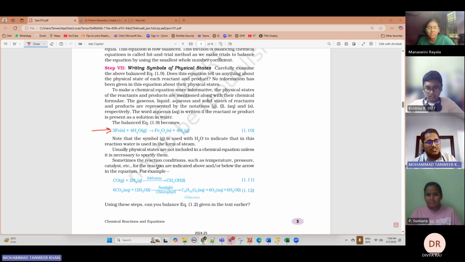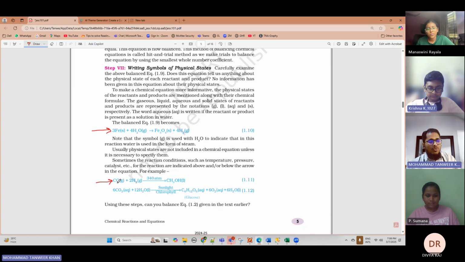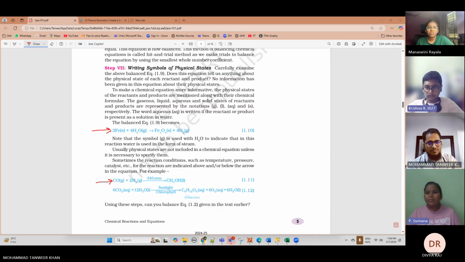Sometimes the reaction conditions. Now see this reaction and this chemical equation. What have they mentioned? CO. CO means what? Carbon monoxide. CO means carbon monoxide, right? So Divya, you have to remember all these things.